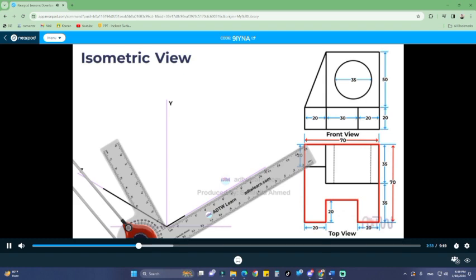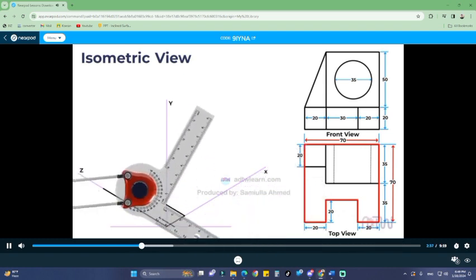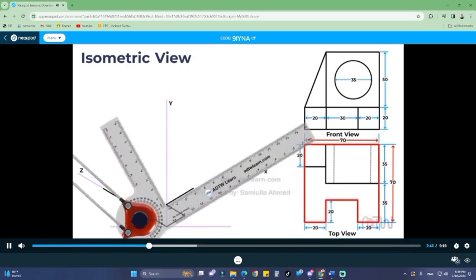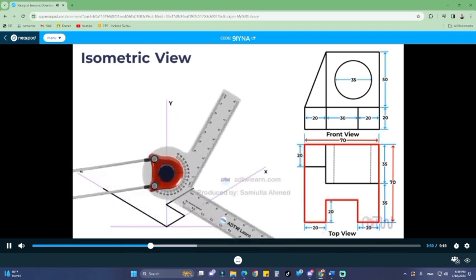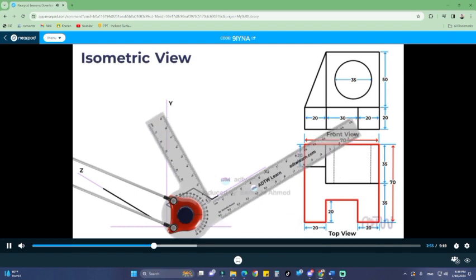Therefore, we can draw a 20 millimeters line parallel to the z-axis. Additionally, the width of the slot is 30 millimeters. Thus, draw a 30 millimeters line parallel to the x-axis from the endpoint of the previous line. Next, draw another 20 millimeters line parallel to the z-axis, followed by a 20 millimeters line parallel to the x-axis.